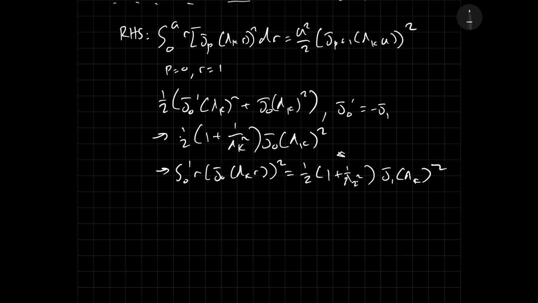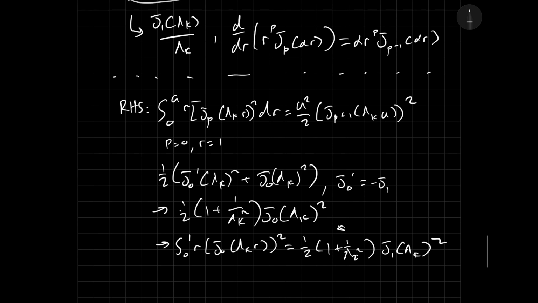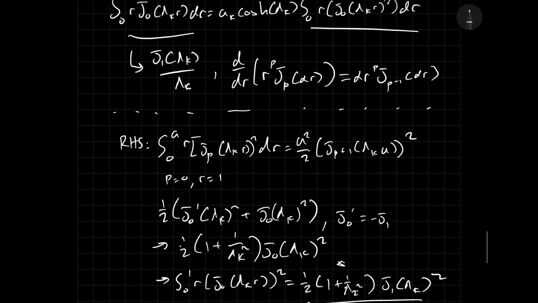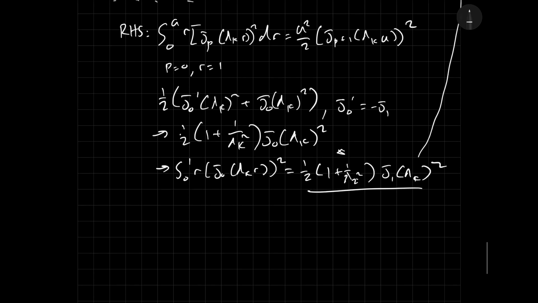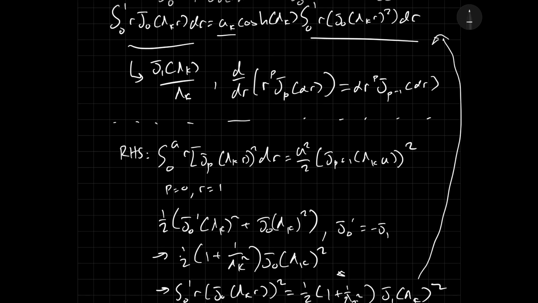So finally, we just have to take these two steps and combine them. So this is going to be specifically this integral term. And we just combine it, rearrange it, and we will finally get the a_k that we want.